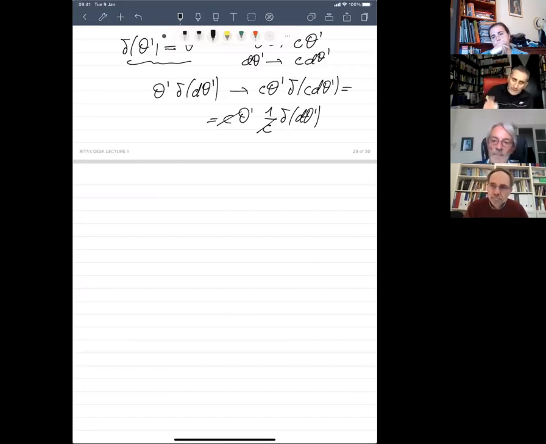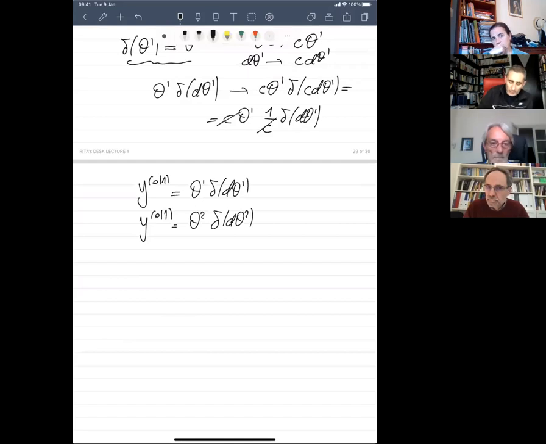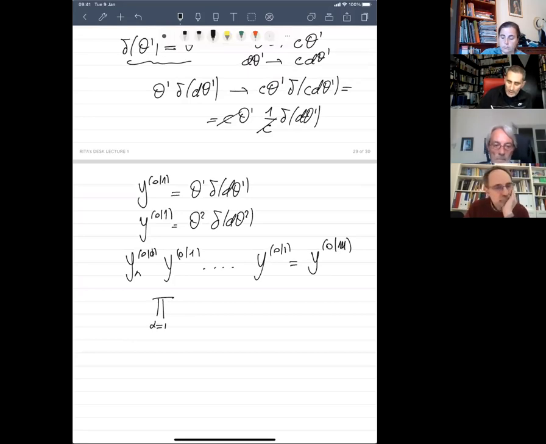Let me show you two other interesting things. This object is an element of cohomology, d of theta 1. I could also have another one along the other coordinates, delta of d theta 2, and put them all together, Y 0|1 wedge epsilon 0|1, to get something which I denote by Y 0|m, the product over alpha from 1 to m of delta of d theta alpha.